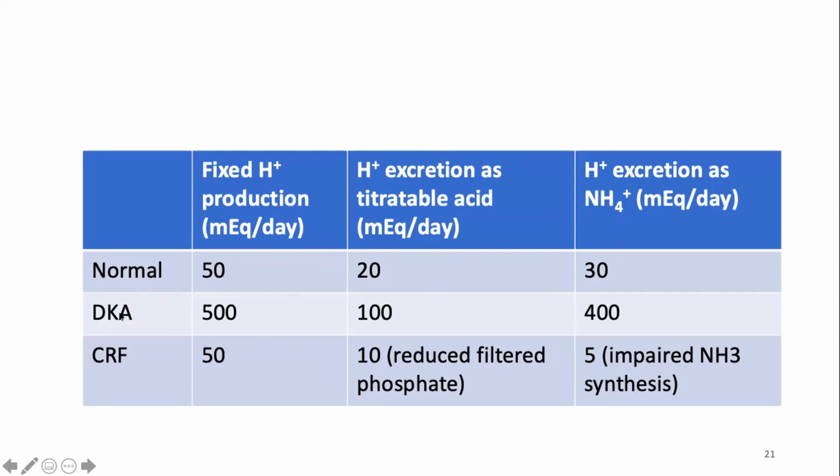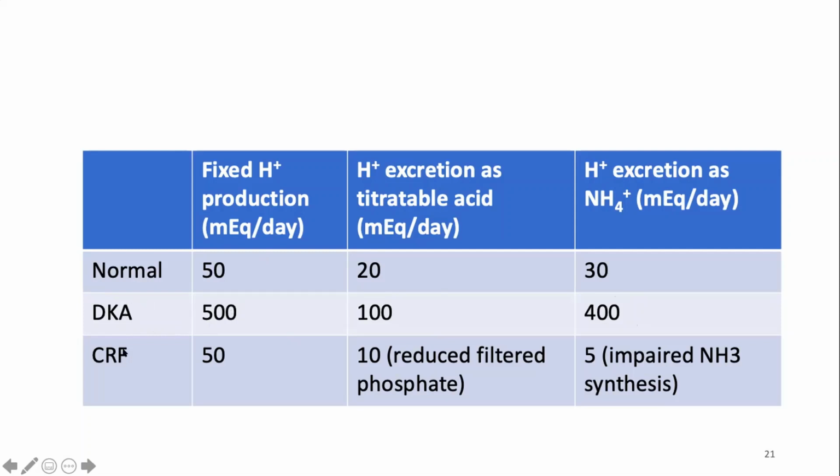In patients with, for example, diabetic ketoacidosis, assuming that they have normal renal function, they can still increase the amount of H+ excretion either by titratable acid or by ammonium, but mostly it will be as ammonium, meaning that the kidney will need to generate more ammonia to help excrete this H+. What happens in DKA is that there is more fixed acid production, the ketones.